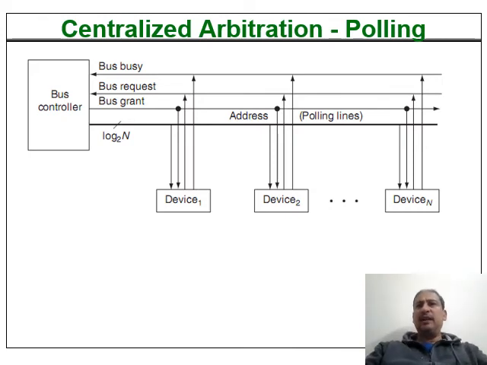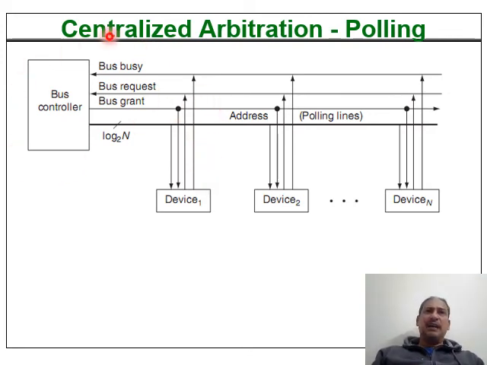Then the second way of arbitration is by using polling. You can see over here, we have the various devices, we have the polling lines, and this is the bus grant and bus request line. All the devices are connected. They are sending their bus request by the same line.